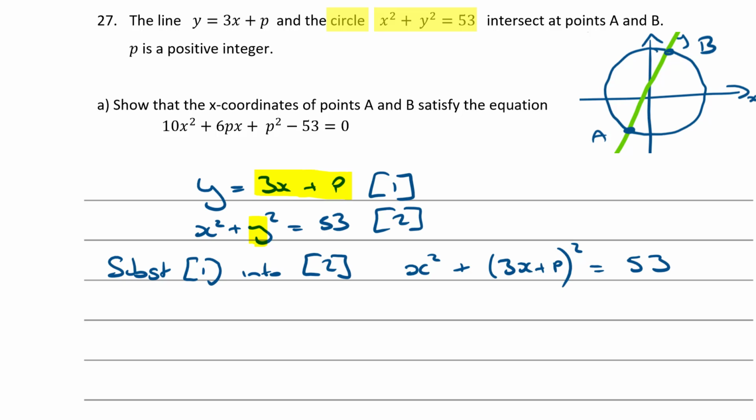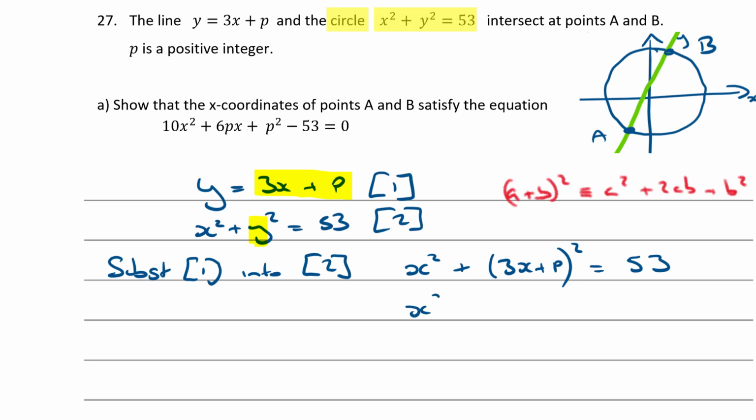Okay, right, now what? Well, I've got a pair of brackets with a square. Now you can either write those out as double brackets and multiply them out, or you can remember the identity for square in a bracket, which is what I tend to do. I just remember that a plus b all squared is equal to a squared plus 2ab plus b squared. This is what we call an identity, and you can use it to do quick expansions of these sorts of things.